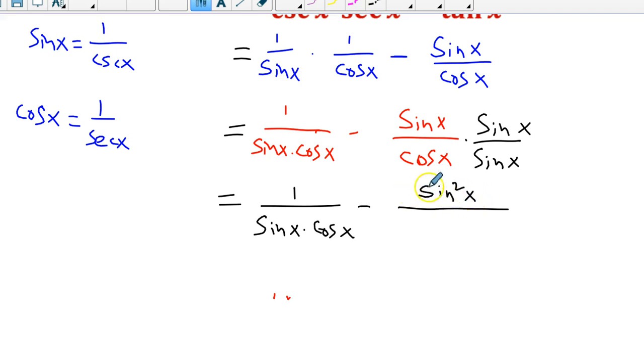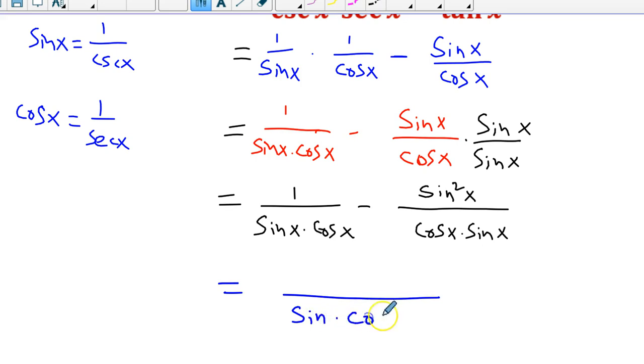And in the denominator we have cosine x times sine x, and that is the same as this first denominator. So we have the same denominators, hence we can just write a common denominator, sine x times cosine x, and since the two denominators are the same, just write down the leftover numerators. 1 remains here minus sine square x.